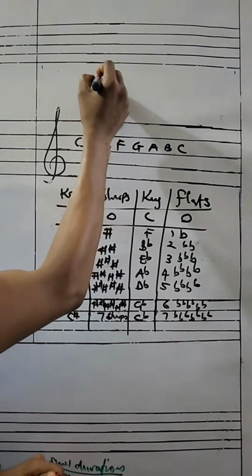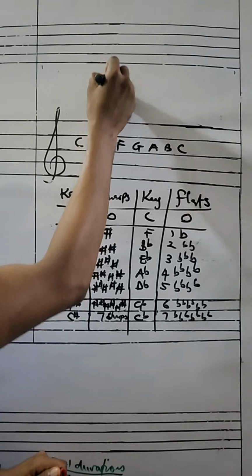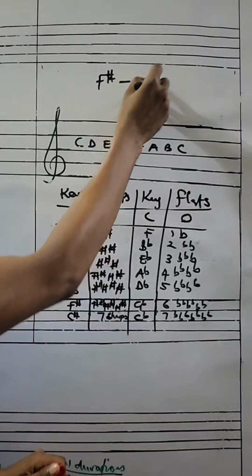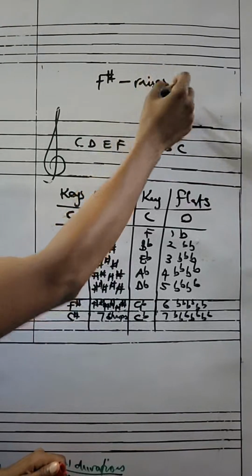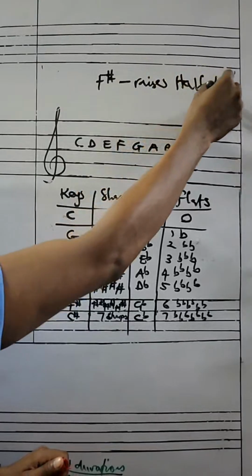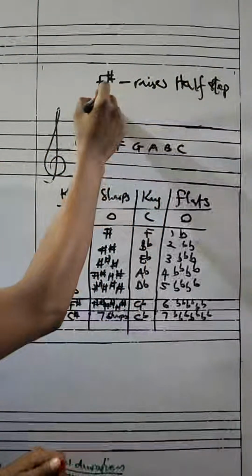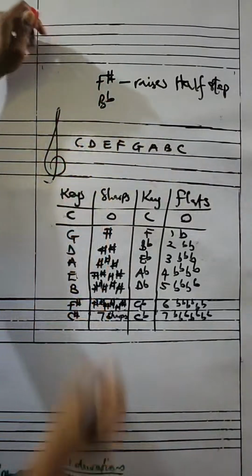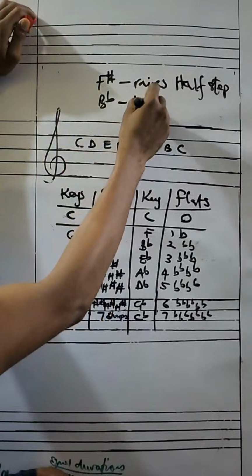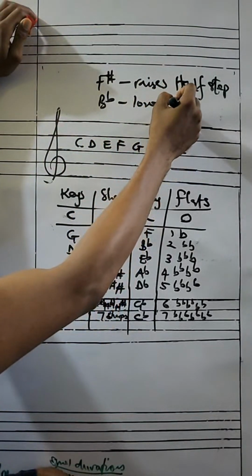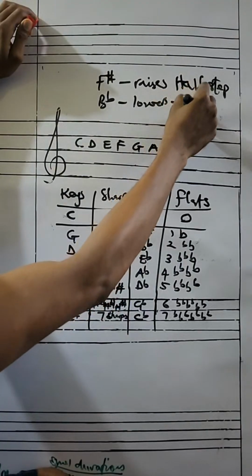So when you see a sharp, let's say F sharp, it raises this note by a half step. If you see, let's say B flat, the flat placed before a note lowers it by a half step.